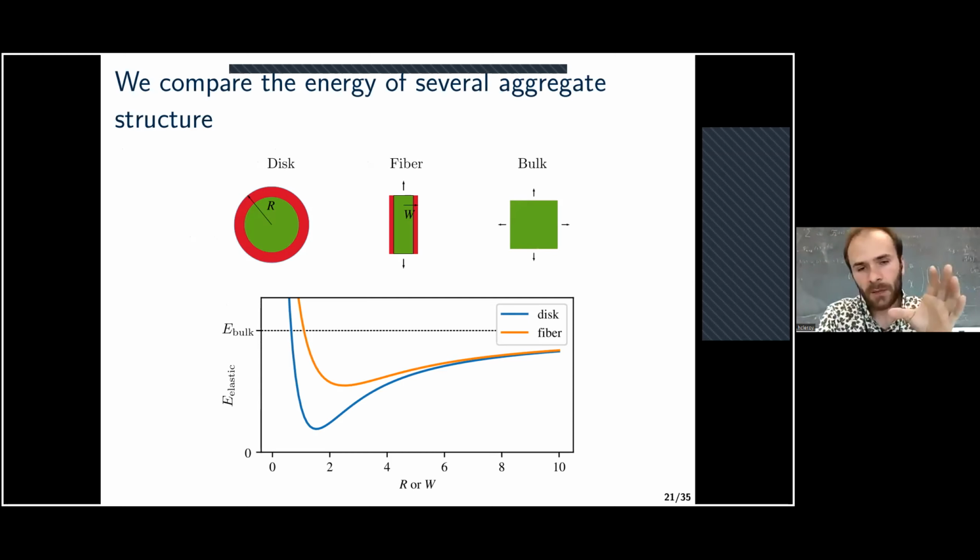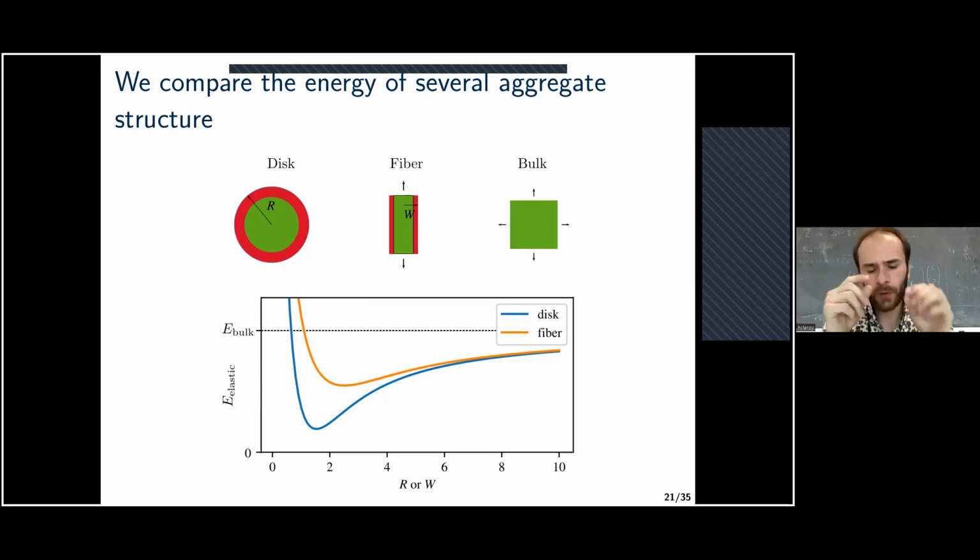There are not so many structures that I can compute, and I'm not going to make an extended list. But for instance, I can compute the energy of a fiber, which is the other thing that interests me a lot. And I can compare the energy of the disk and the fiber as a function of their width and radius.